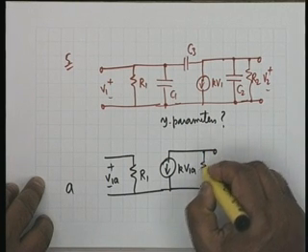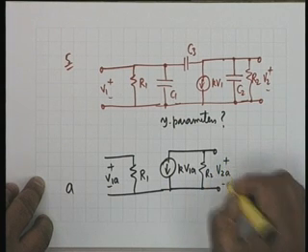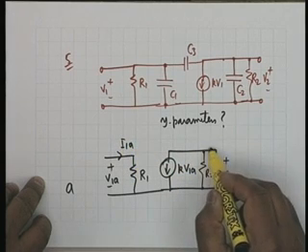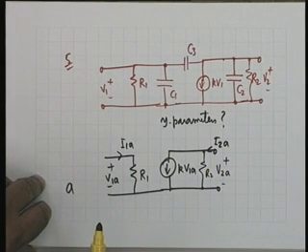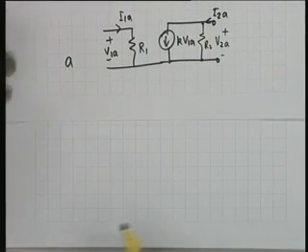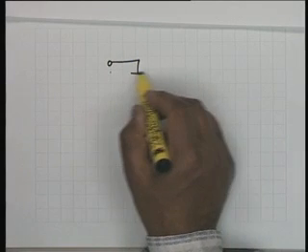No, let us include R2 also. This is V2A, I1A, I2A. This is my A network, and the B network is simply the capacitive network.